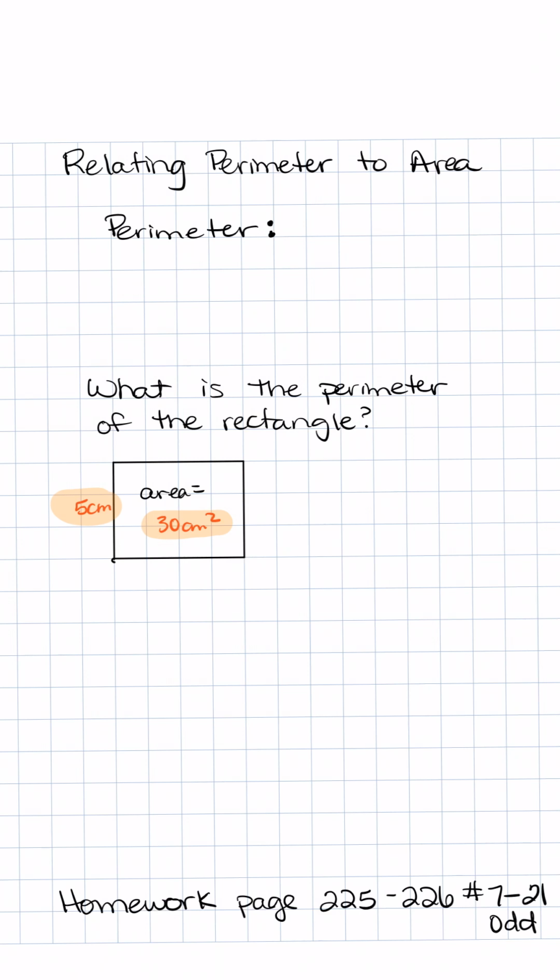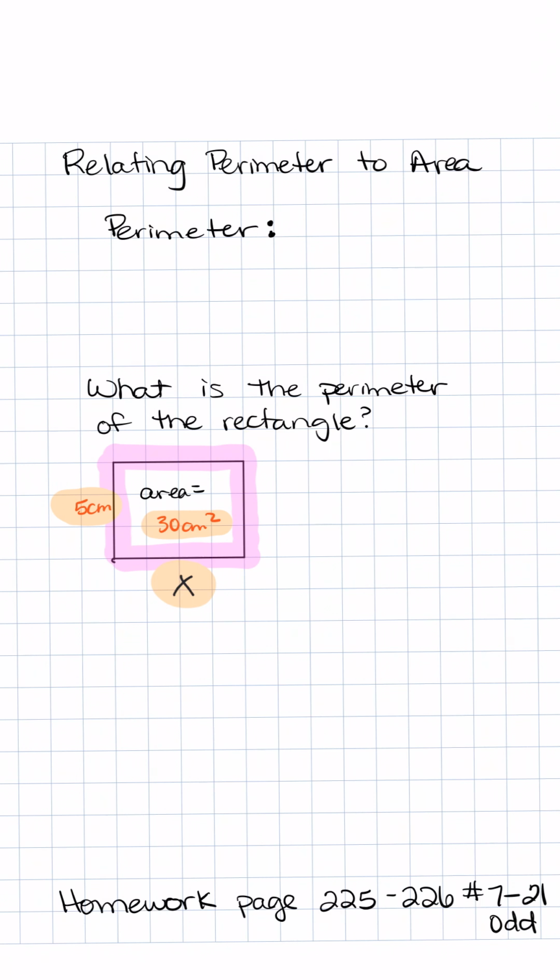To find the perimeter, because perimeter is when we add each of these sides together, we're not multiplying, it's adding each side together. So if we know that this one's 5 centimeters, we need to find out what this one is.